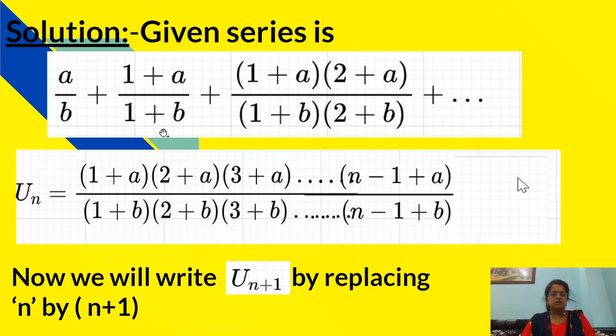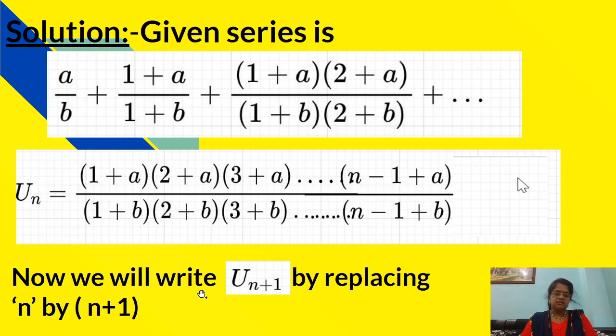Because here you can observe that in the second term, that is this is first, this is second, in the third term, in the last bracket this digit is 2, that is less by 1. Here is the nth term, therefore in that place the digit will be n minus 1.